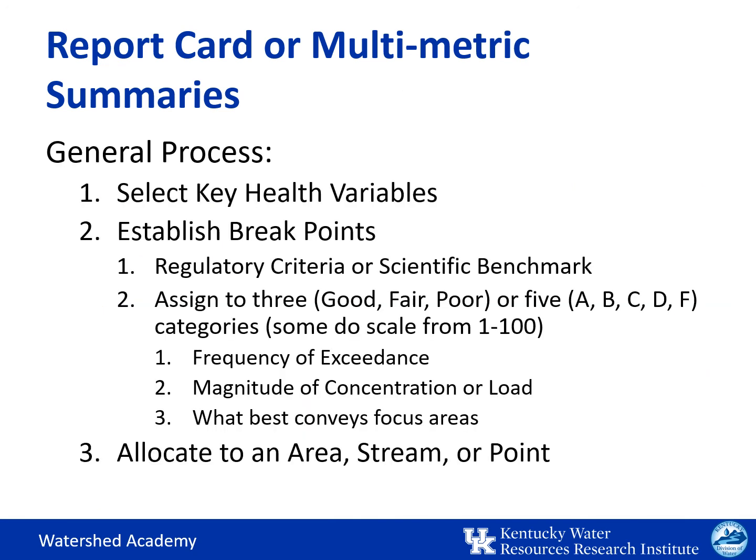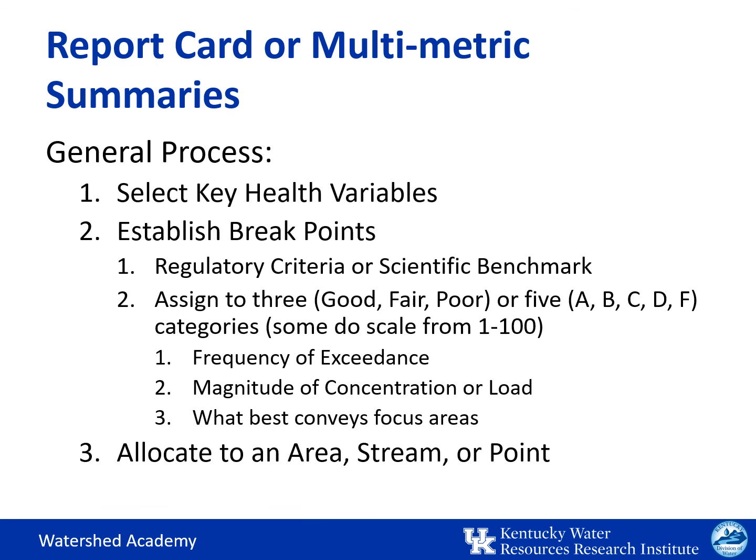The general process in creating a report card is to select key health variables, then establish breakpoints. These can be either regulatory criteria or scientific benchmarks. And you can either assign three of those, so you can have a good, fair, and a poor, or you can have five different breakpoints, so you can have that traditional grading scale.